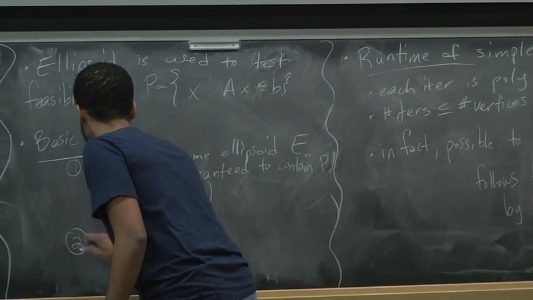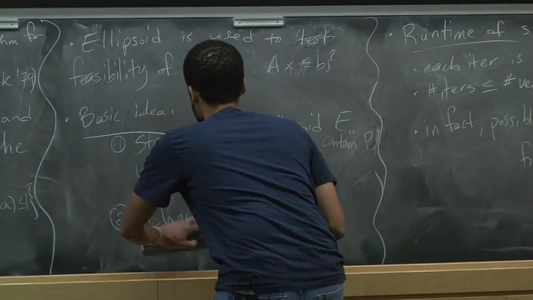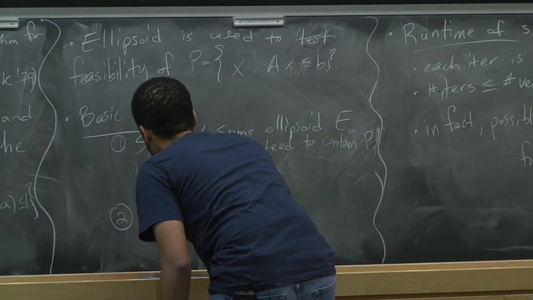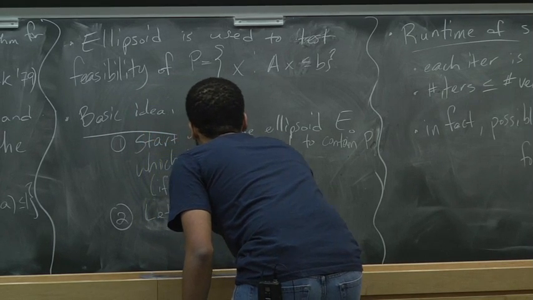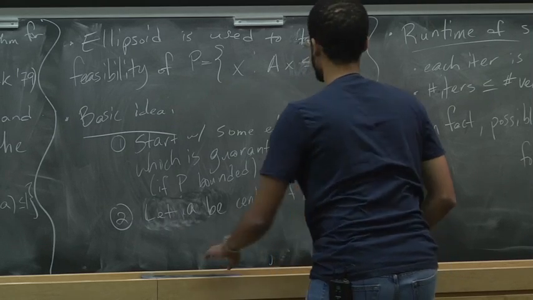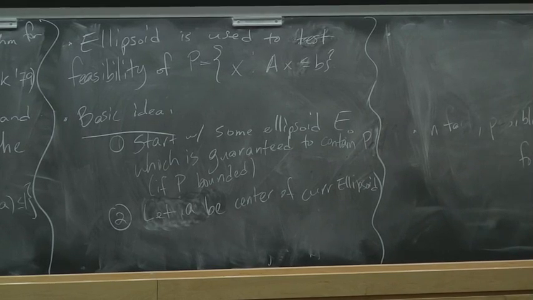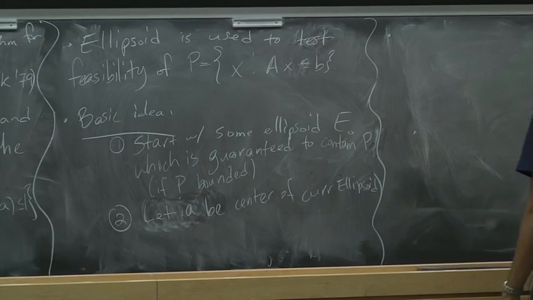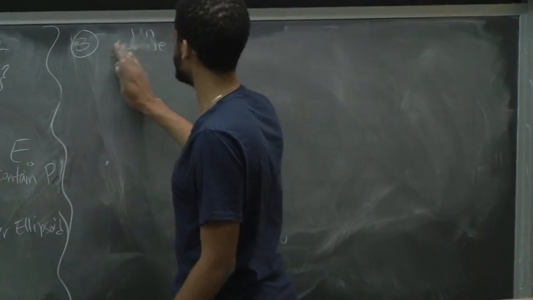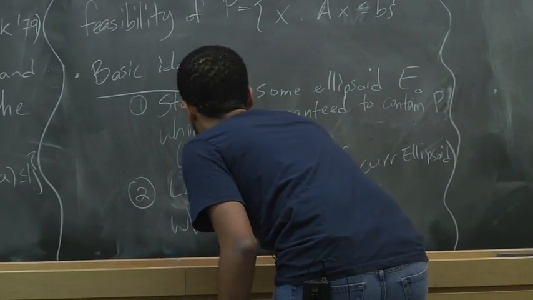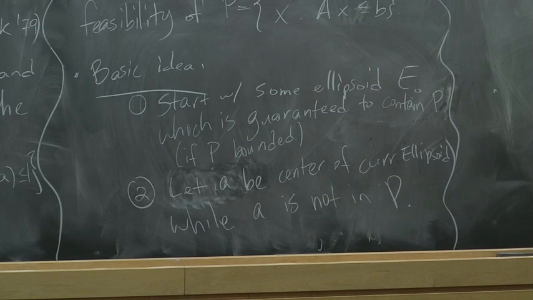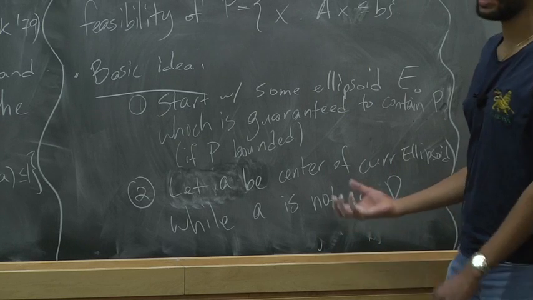Okay, so 2, check. So let's say a is the center of the current ellipsoid, and while a is not in P. If the center of the current ellipsoid is in P, we're done.